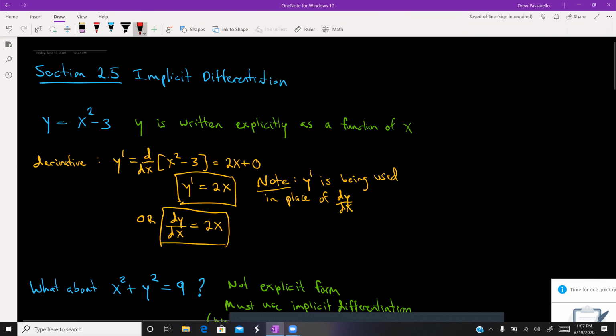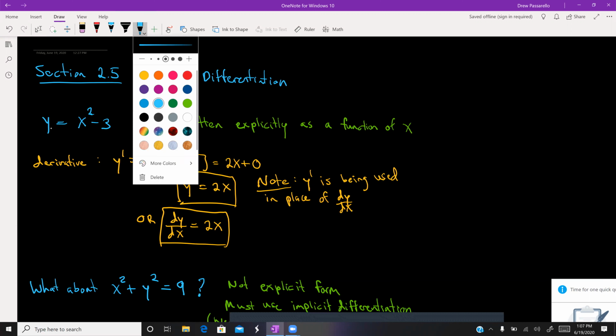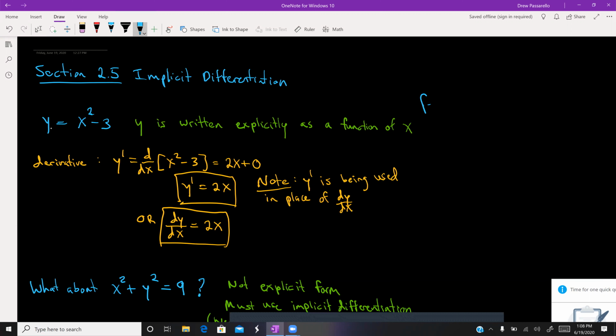They just use the letter y for convenience's sake. But the point is that it's y equals, and then on the right side is an expression involving the variable x. That means y is written explicitly as a function of x.